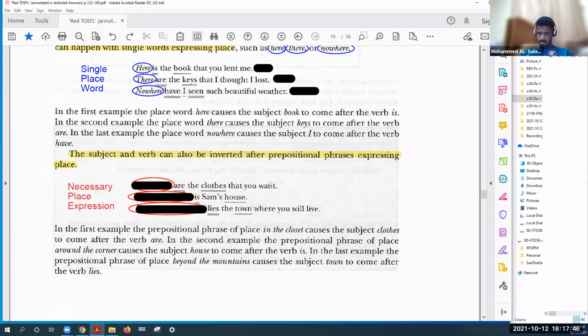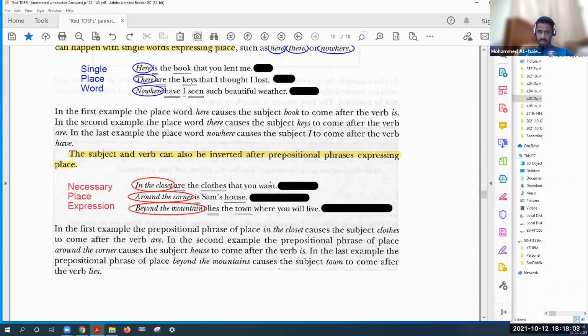Is this idea complete? No. So there you go, guys. These three examples now are incomplete. So how do we complete them? By adding a necessary place expression. Yeah, because these expressions are necessary, okay? So we must have them.